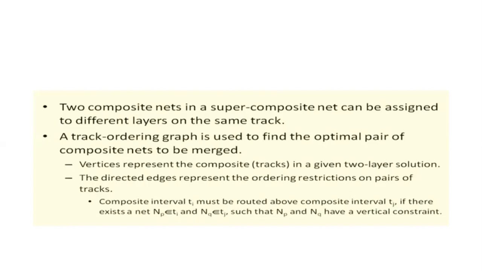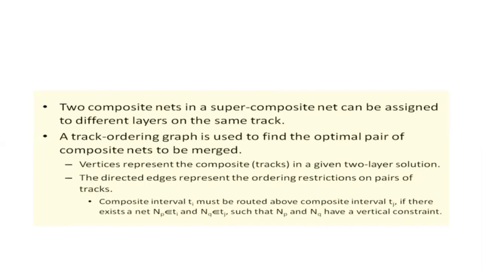I can put C1 in metal layer 1 and C2 in metal layer 3, or the reverse. So I have to choose which one to put below and which one to put up. There are 2 layers, M1 and M3, available now. So whether C1 goes in M1 or C2 goes in M1, that answer will be given by your track ordering graph. That graph will reflect that.